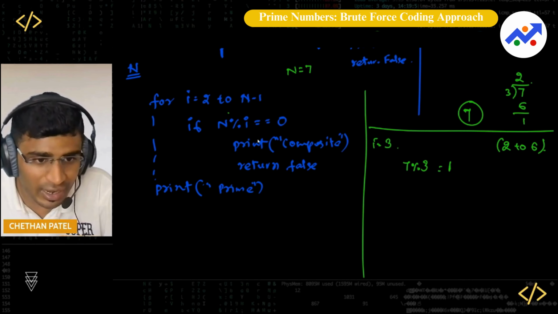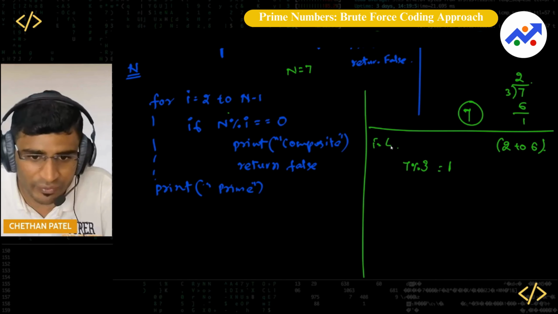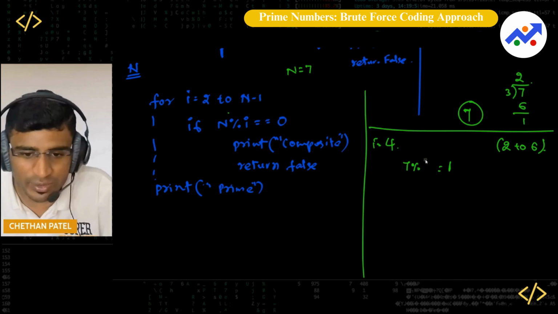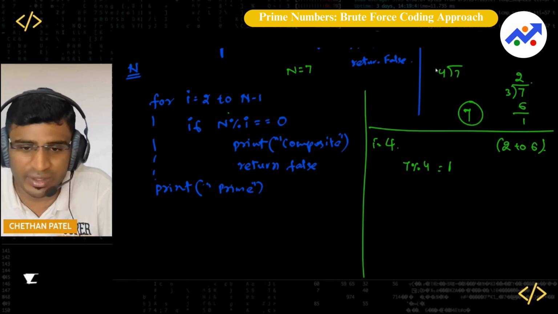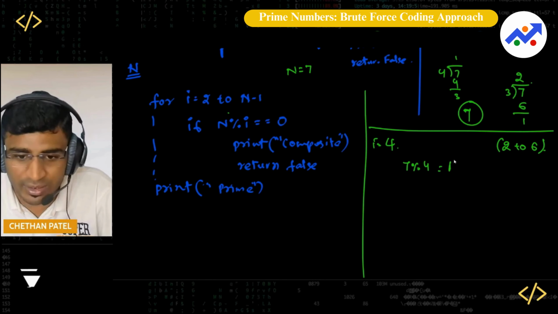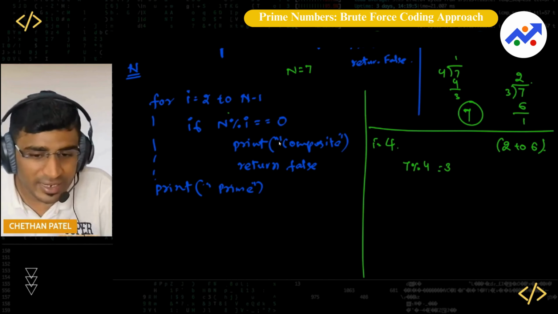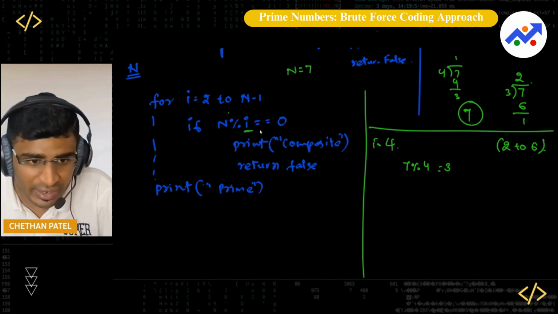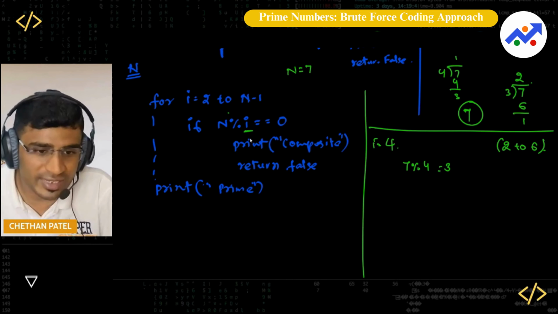I iterate again, now i becomes 4. 4 ones are 4, and I'm getting 3 as the remainder. So n % i is now 3, and this condition will not execute.